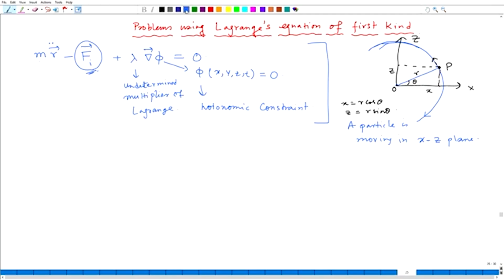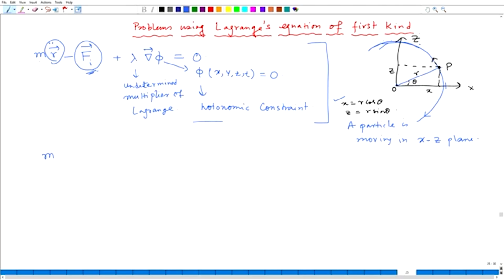Now, coming back to the problem, I have a motion in 2D, and that is my choice, that is not actually a constraint. The constraint is that the particle has to move in a circle of radius, let us say, small r.